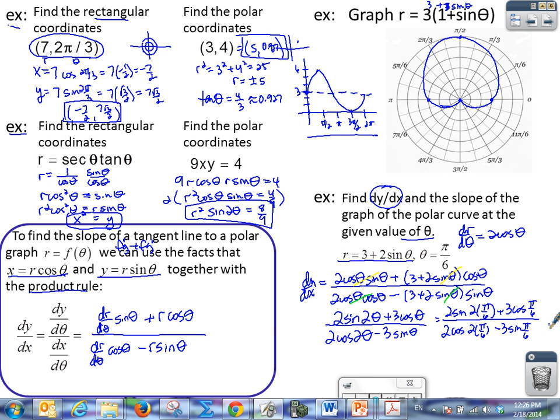Unit circle, really important. So 2 times pi over 6 is pi over 3, right? So that's 2. What is sine of pi over 3? Root 3 over 2. Okay, and cosine of pi over 6. Root 3 over 2.